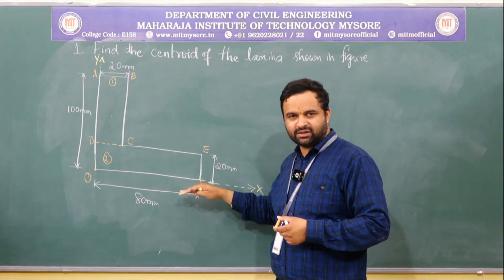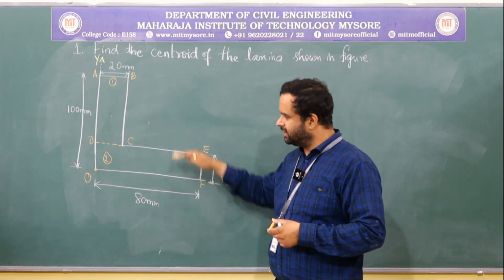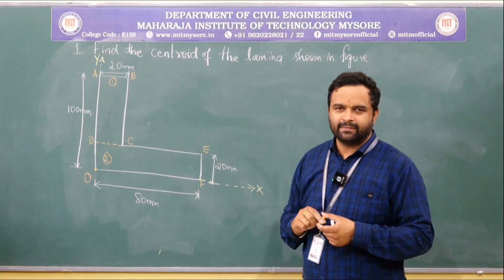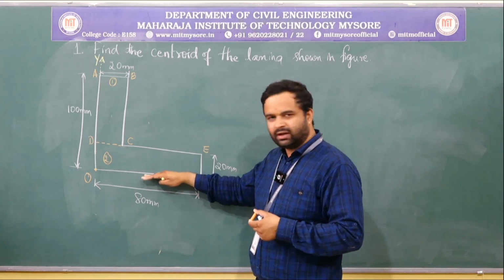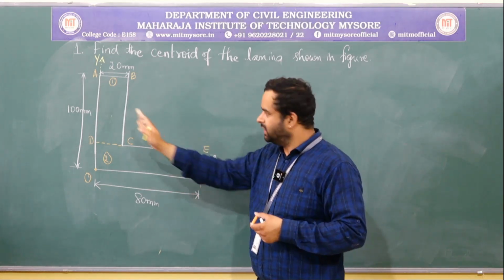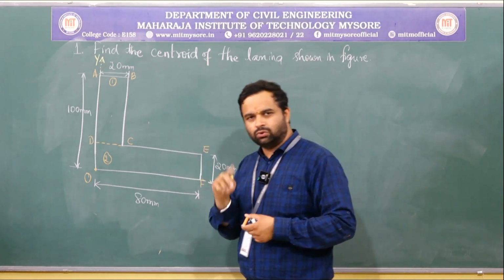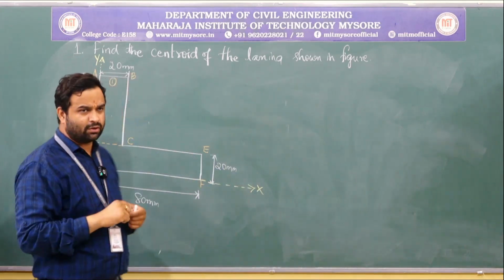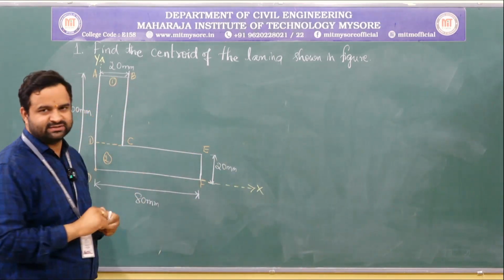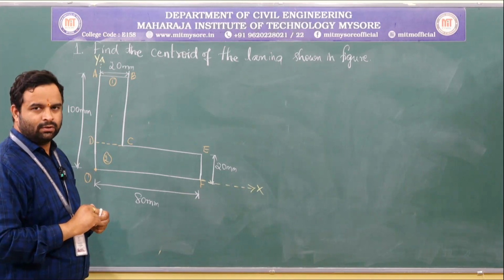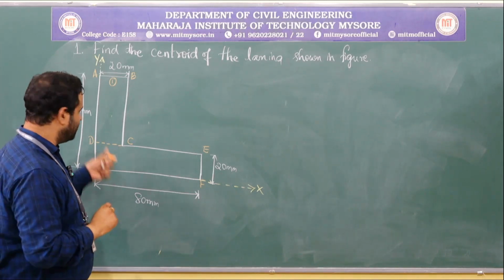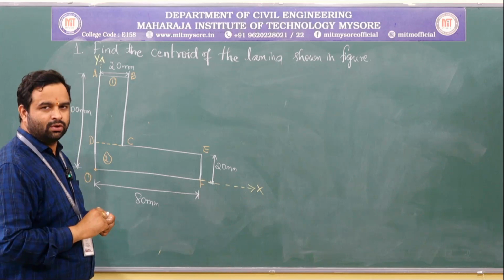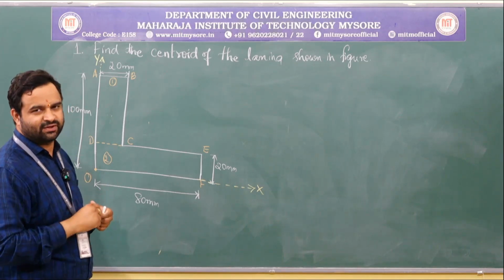Here you need to measure the centroidal values from the referral axis, with respect to OX and OY. But you know how to locate the centroid of rectangle components. So let me show you how to proceed.